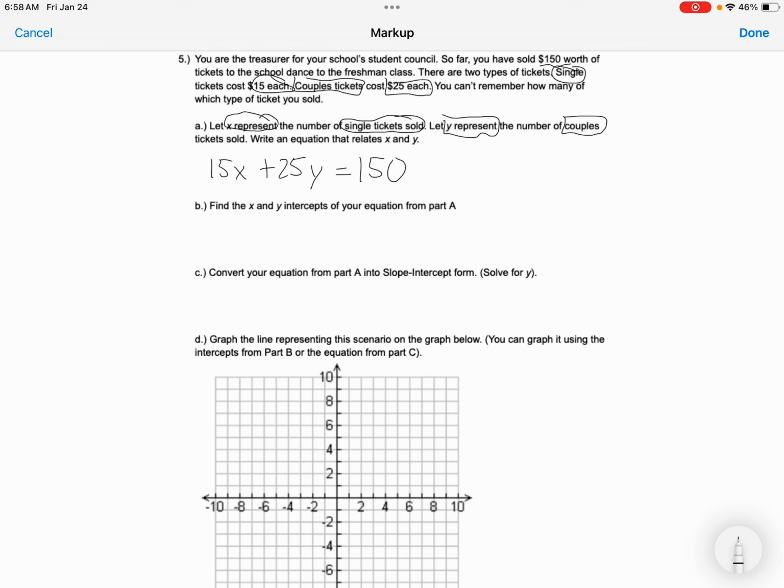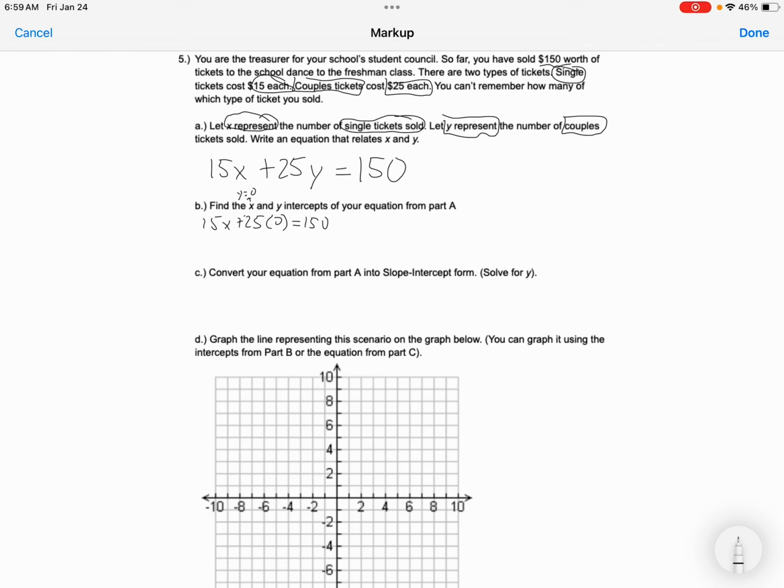Now to find the X and the Y intercept, just like we did on problem 2 on the front side, to find the X intercept, I'm going to use this equation, but I'm going to substitute in 0 for Y. So that looks like 15X plus 25 times 0 equals 150.